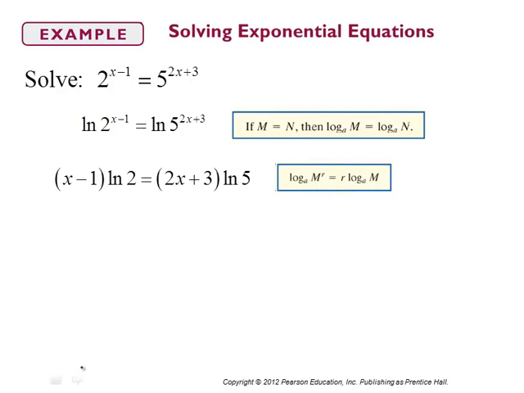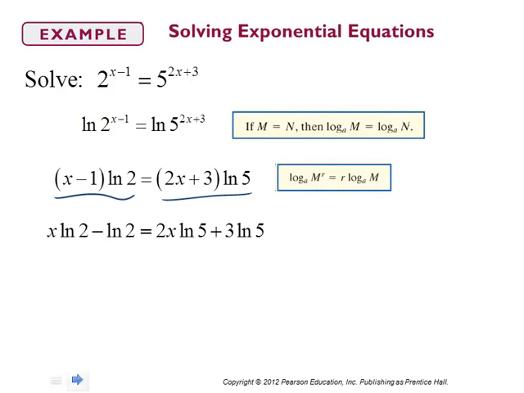Now we go ahead. Now, on the left-hand side and the right-hand side, we'll multiply those out using the distributive property. Okay. On the left-hand side, we have natural log of 2 times x and natural log of 2 times negative 1. On the right-hand side, 2x times natural log of 5 and plus 3 times natural log of 5.